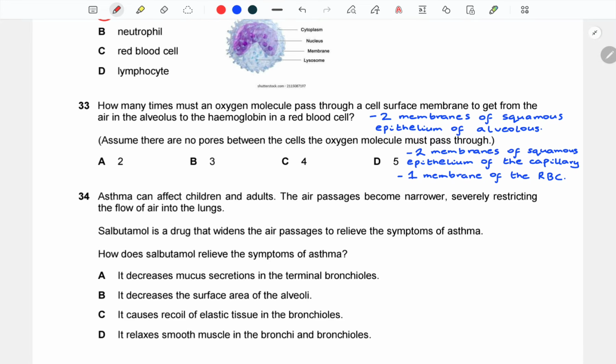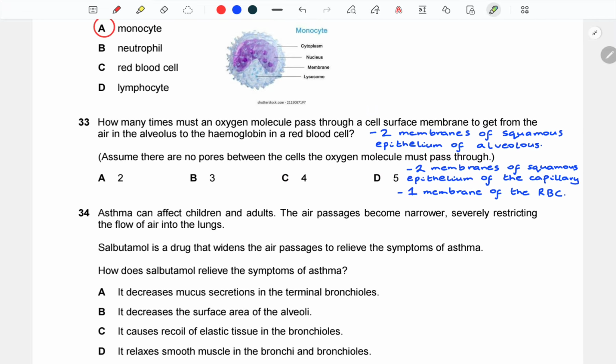33. How many times must an oxygen molecule pass through a cell surface membrane to get from the air in the alveolus to the hemoglobin in the red blood cell? Assume there are no pores between the cells and the oxygen molecule must pass through.